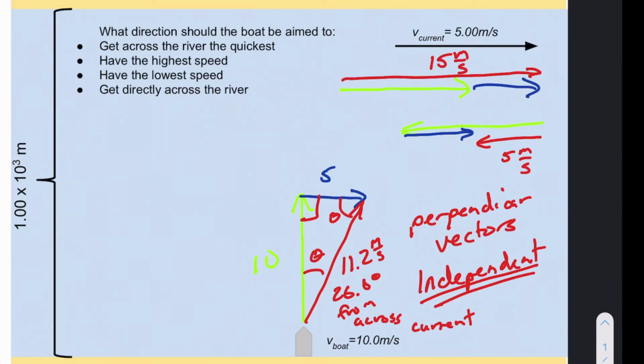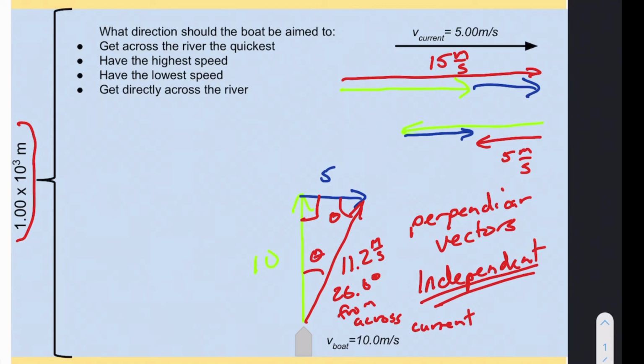So the boat itself is actually traveling 11.2 meters per second, but the motor is pushing it 10 meters per second. The current is pushing it 5 meters per second perpendicular to that. If the river is 1,000 meters wide, it's going to take 100 seconds to get across. So that means the boat will land 500 meters downriver from where it started and 1,000 meters across from where it started.